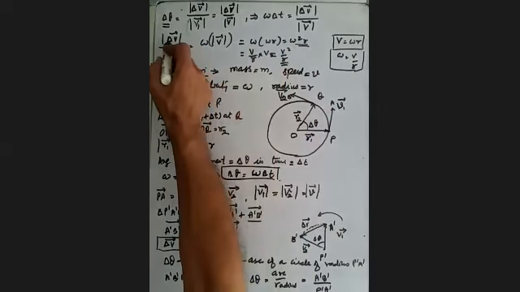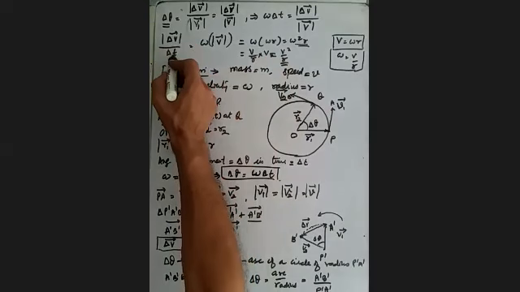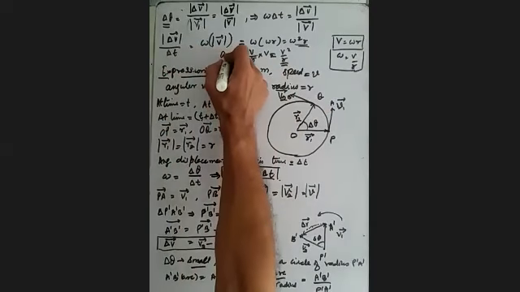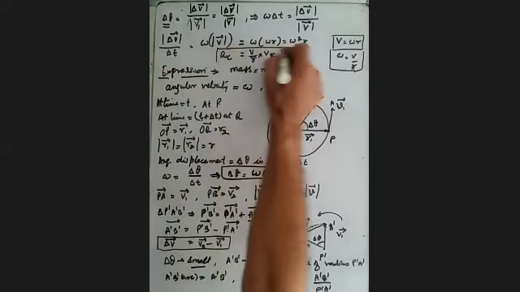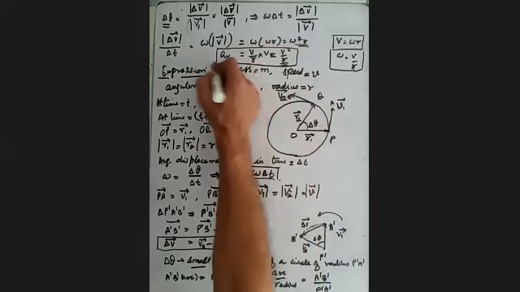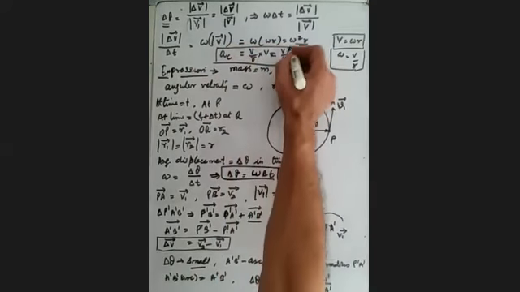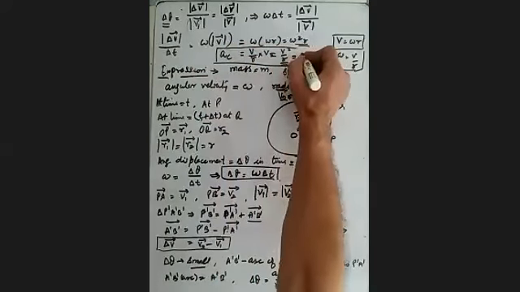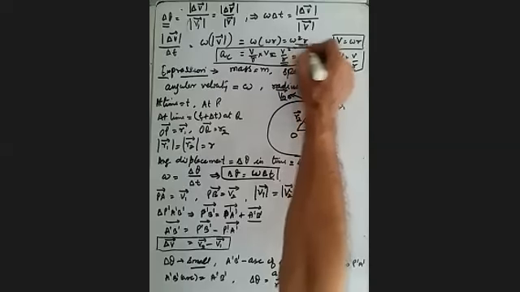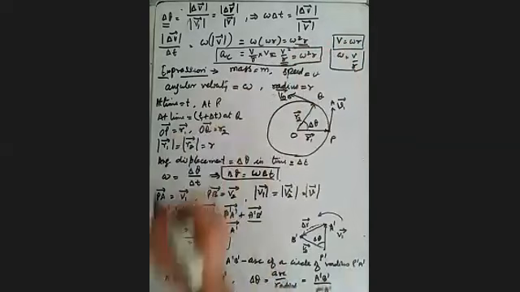Now what is this? This is change in velocity per unit time. So it is acceleration, which is the centripetal acceleration. So we get an expression for centripetal acceleration equal to v square upon r, or equal to omega square r. So that is the expression for centripetal acceleration.